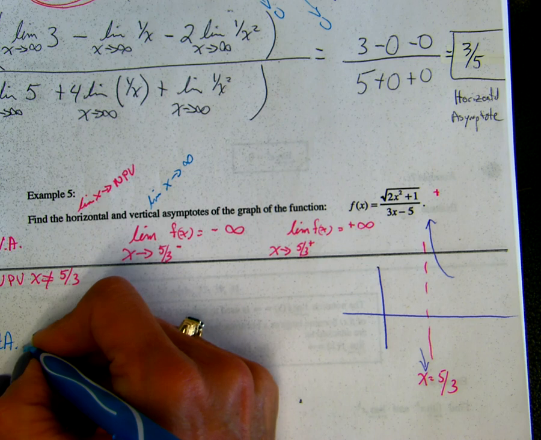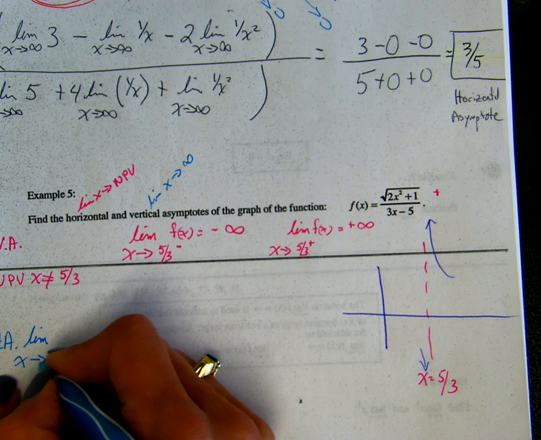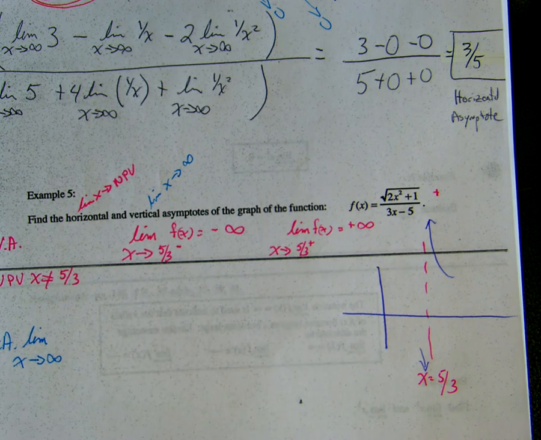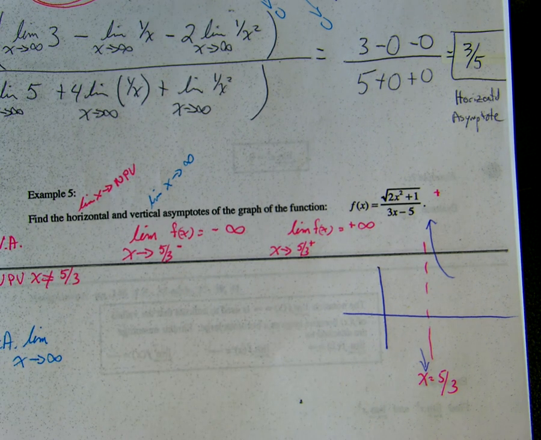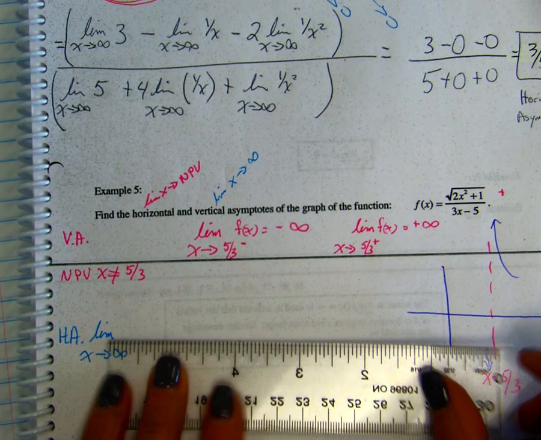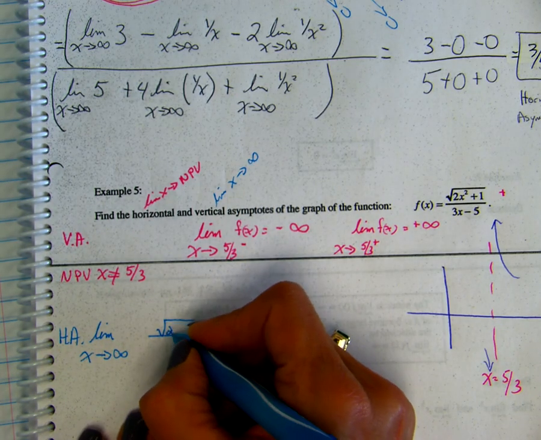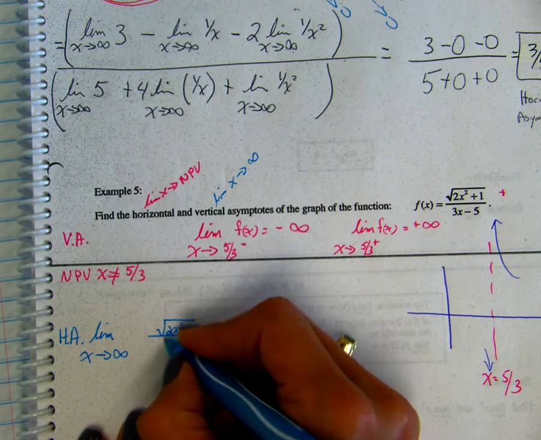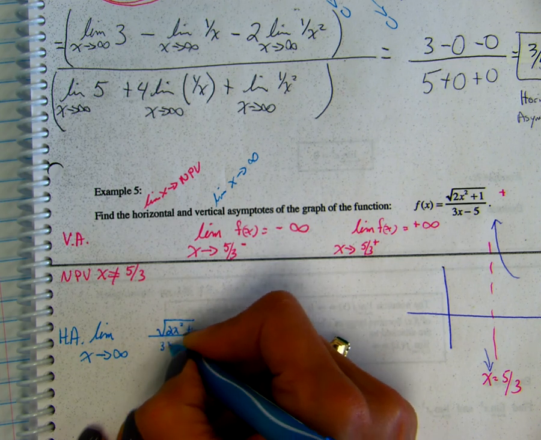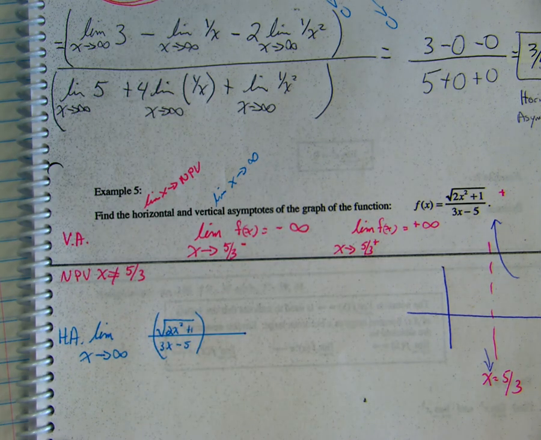Okay, so let's see if we can find if there are any horizontal asymptotes for this function. Let's start with x approaching positive infinity. So the limit as x approaches positive infinity of this function, square root of 2x squared plus 1 over 3x minus 5.